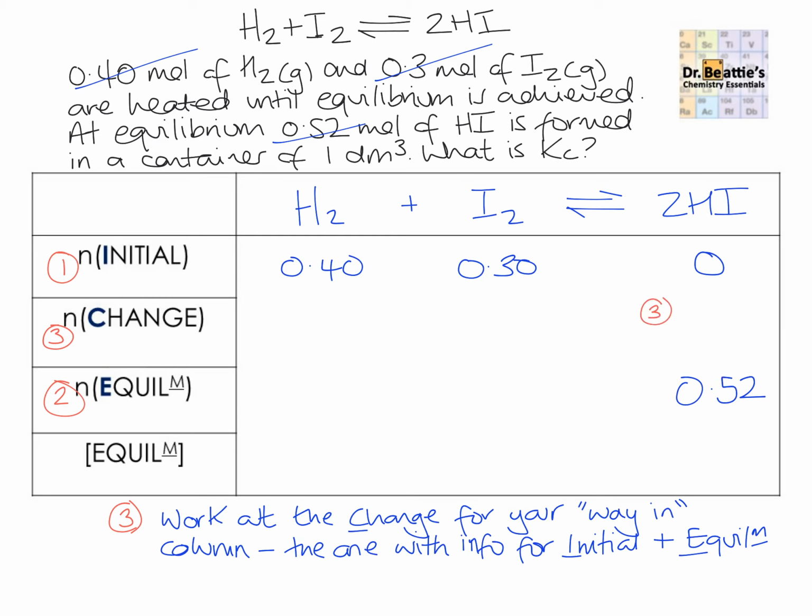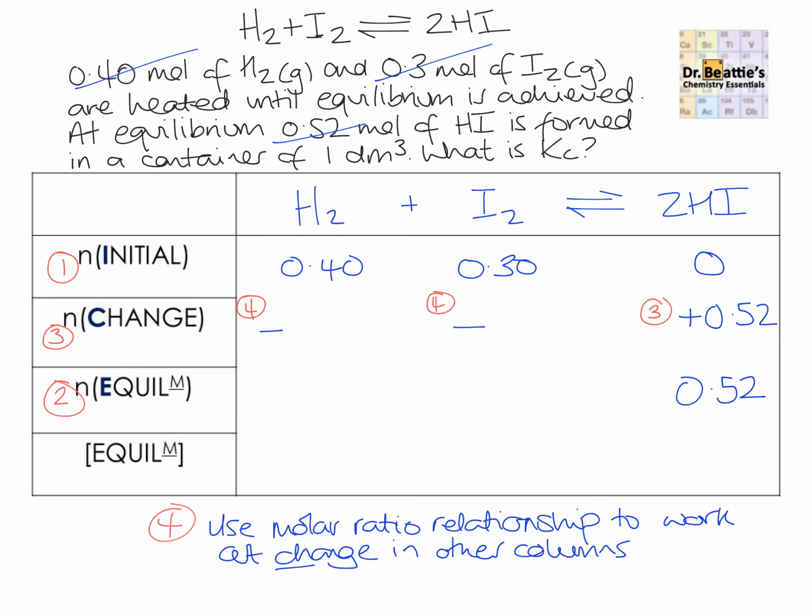Now you can see the difference here is it is increasing. So we put a plus 0.52 moles. And however you want to do this, you just basically take the equilibrium and you minus the initial from it, and you can work out if you've got a plus or a minus. Obviously products are always going to increase in their amount, whereas on our reactant side we can already work out that these are going to decrease because they're reactants.